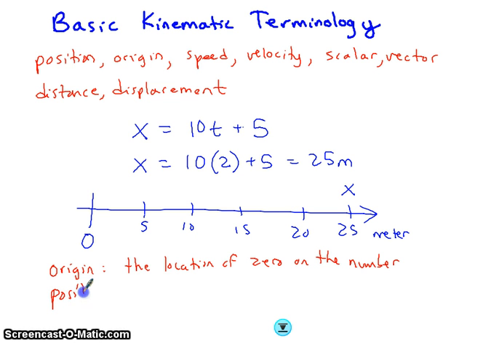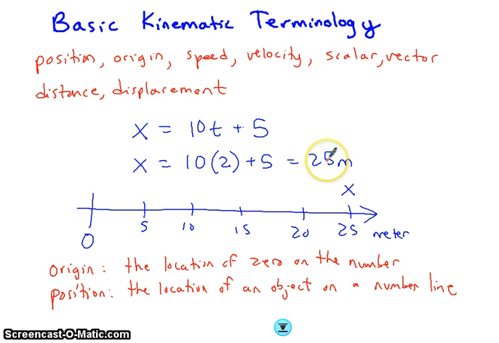Position is just the location of an object on a number line. So to say that an object's position is 25 means that it's at position 25 on this number line right here. Nothing more complicated than that.